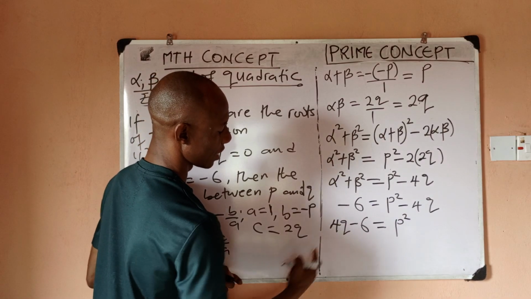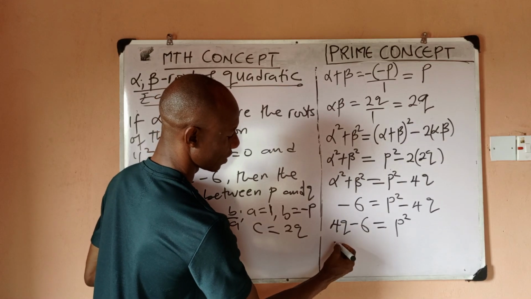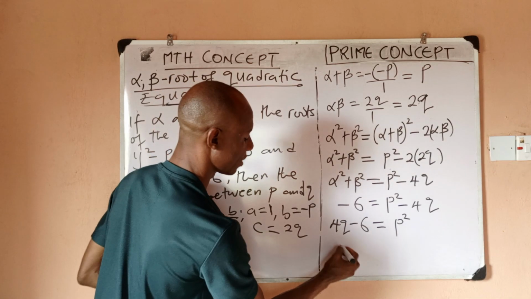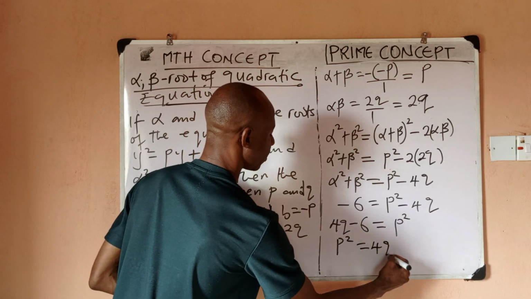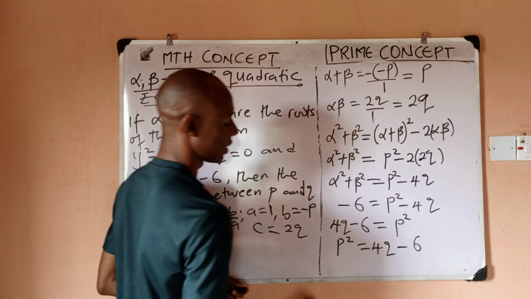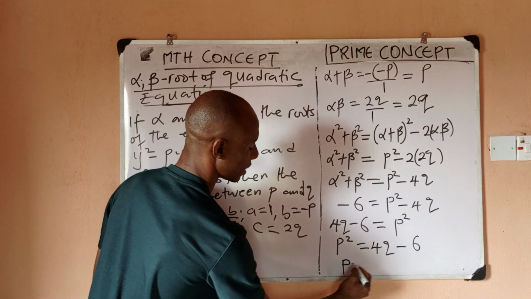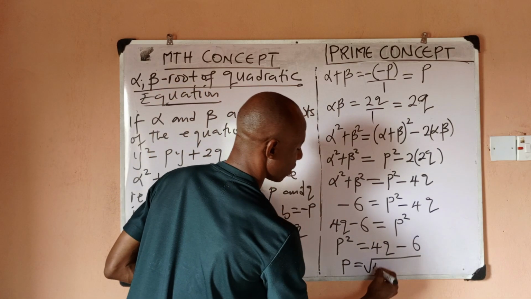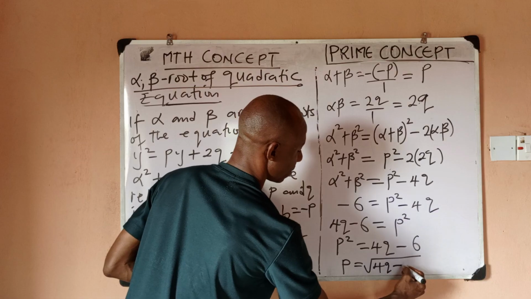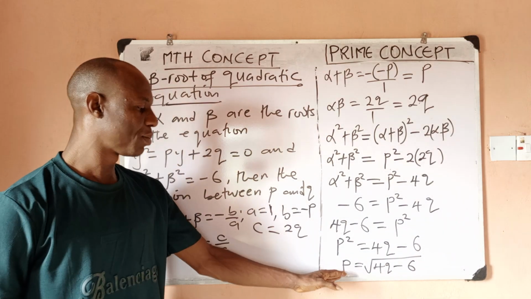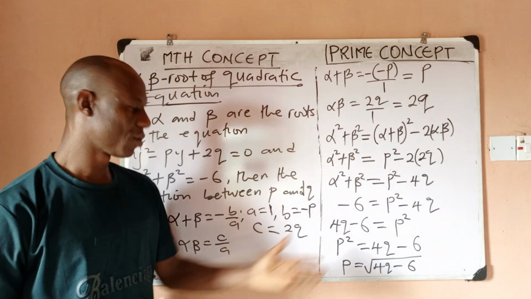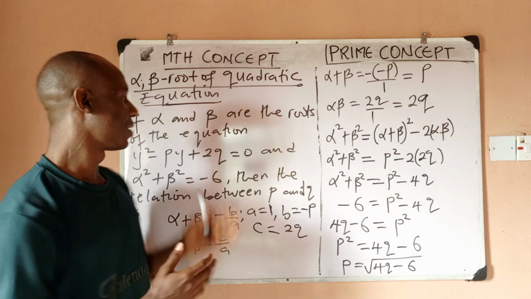I can rewrite this to say that p squared is equal to 4q minus 6. And then I can simply say that p is the square root of 4q minus 6. So this is a relationship that connects p and what? q. So this is very simple. I believe it is very clear.